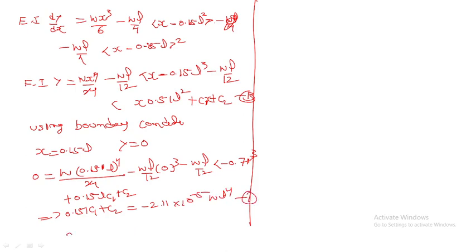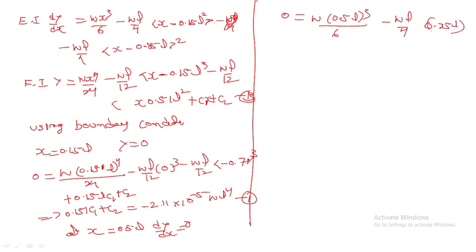At x equals 0.5L, dy/dx equals 0. So 0 equals W(0.5L)³/6 minus WL/4 (0.35L)² plus C1.